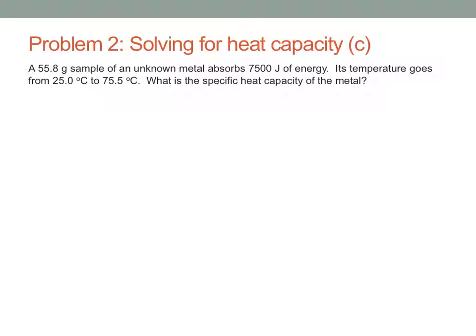Problem 2 is going to have us solving for specific heat capacity, which is C. So identifying variables, our mass is 55.8 grams. Our Q is 7,500 joules.